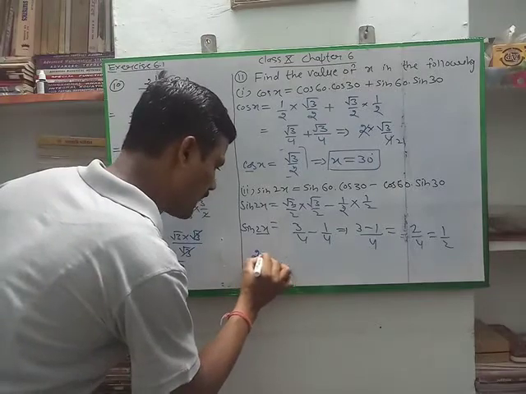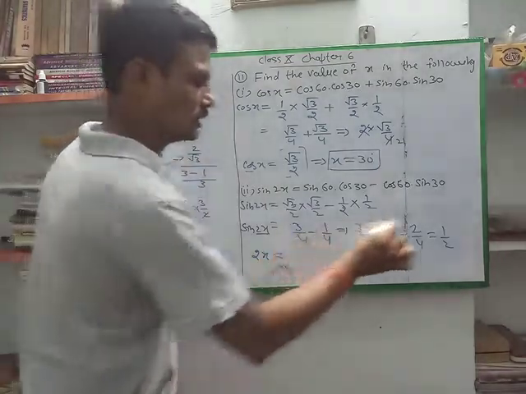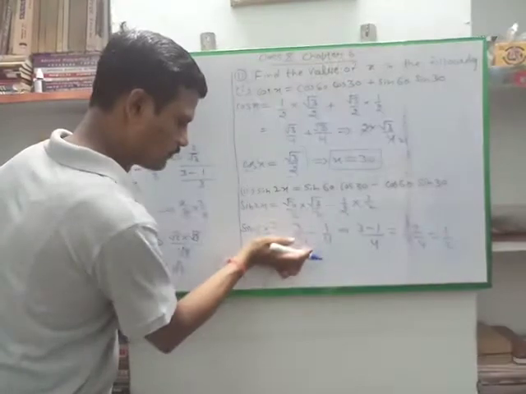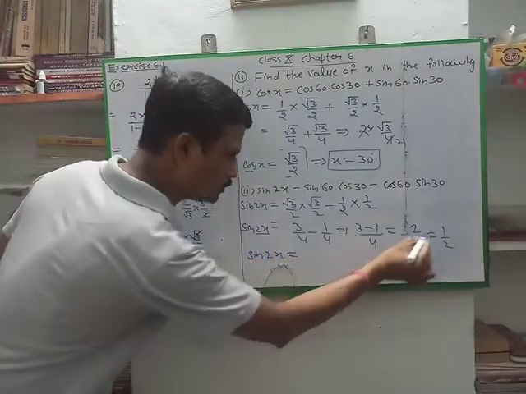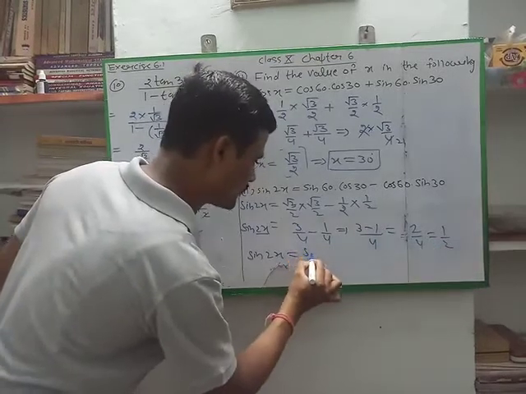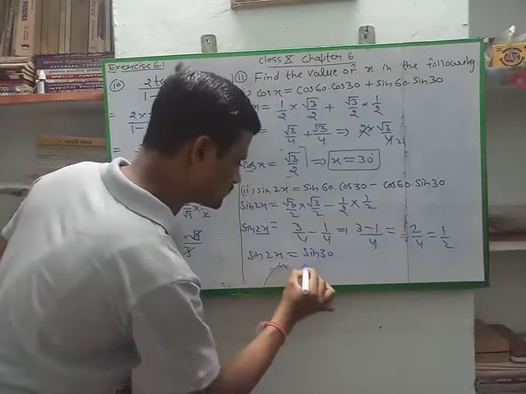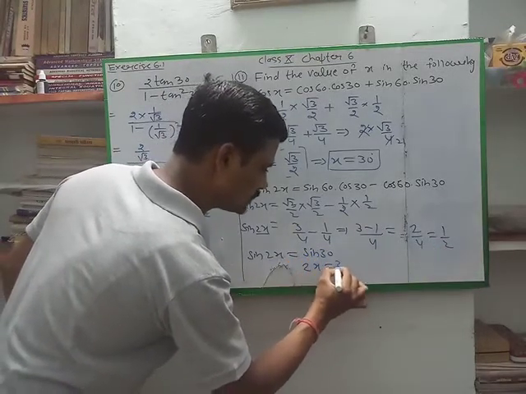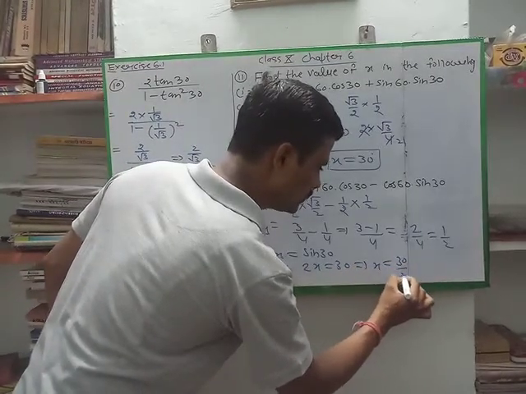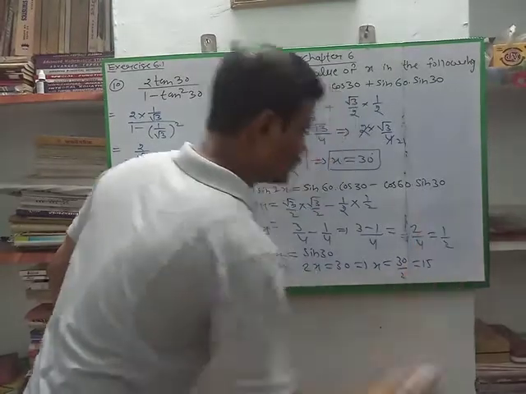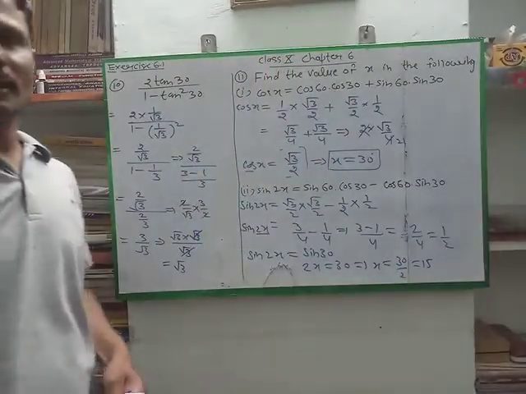So you can write sin 2x is equal to half, which is sin 30, so 2x is equal to 30. So x is equal to 30 upon 2, which will be 15. You can take the snapshot.